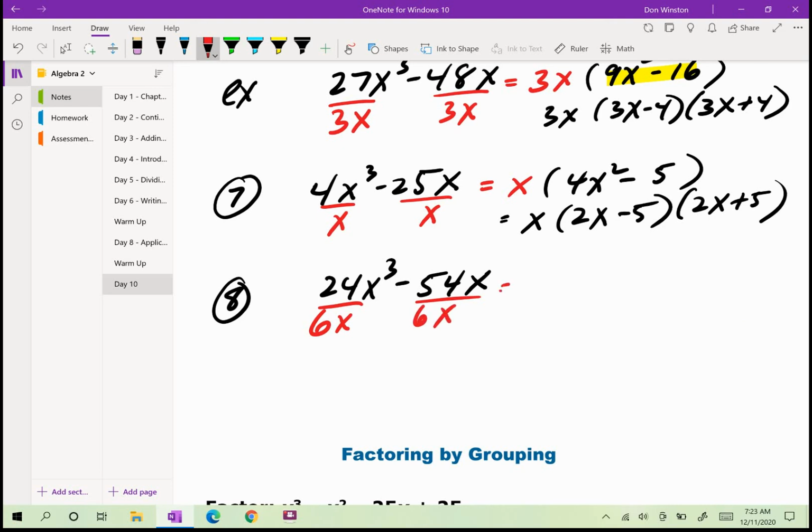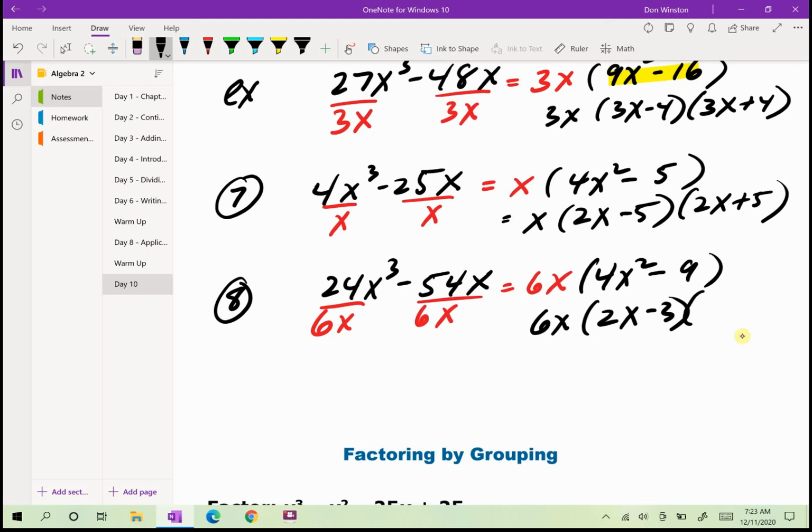So this will be 6x, and then what I have left over is 4x squared minus 9. And again, I'm not done factoring. This will be 6x times 2x minus 3 times 2x plus 3. Done.